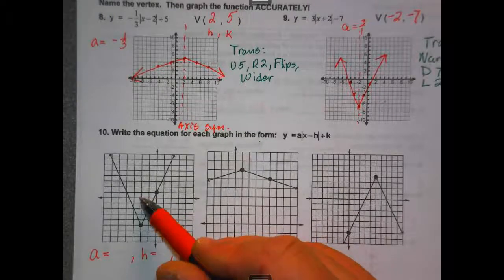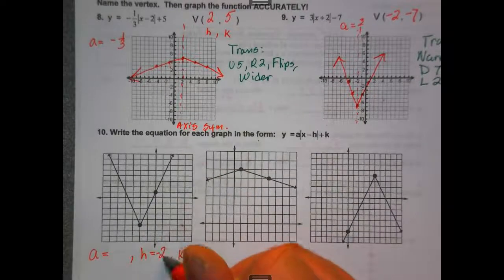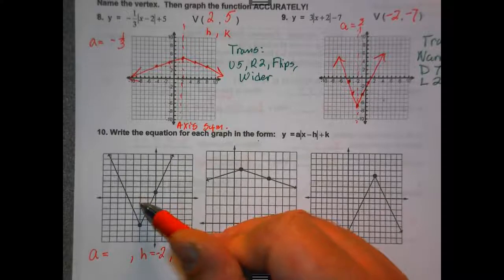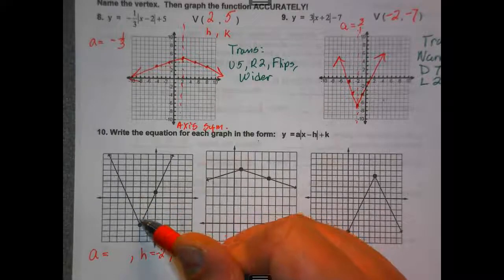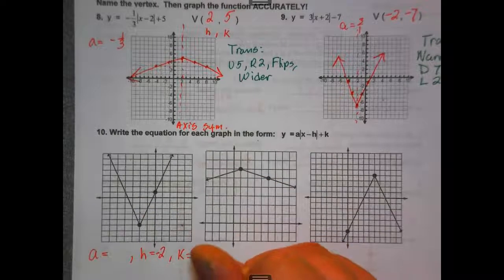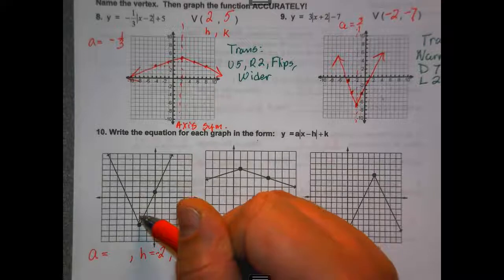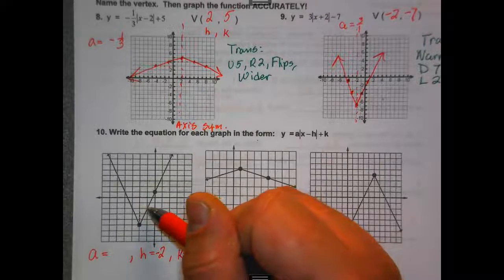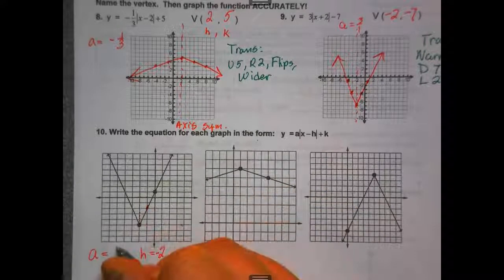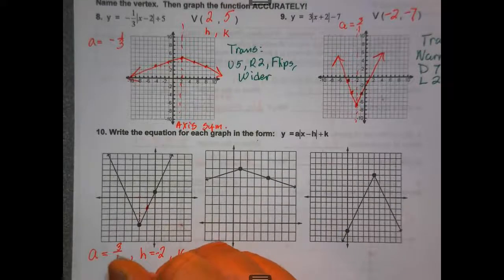Negative 2, right? What's our K? Negative 5. And our A, let's see, I'm going to go up 1, 2, 3 and over 1. So up 3 to the right 1.